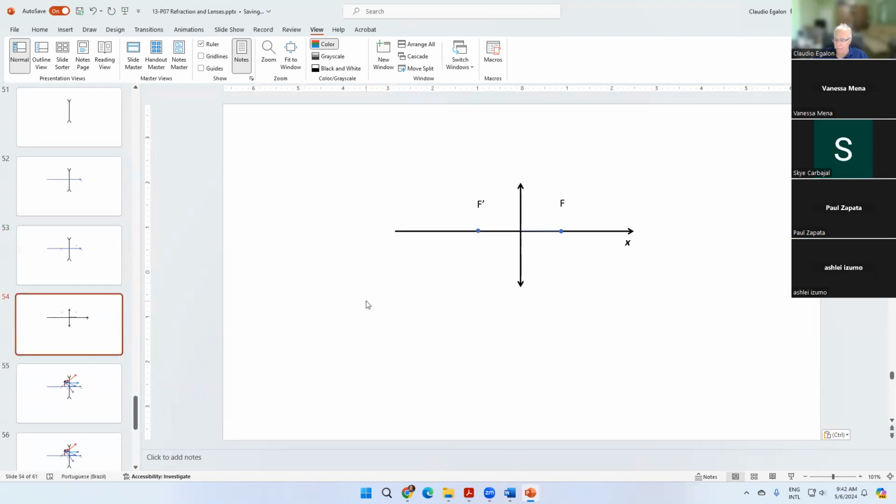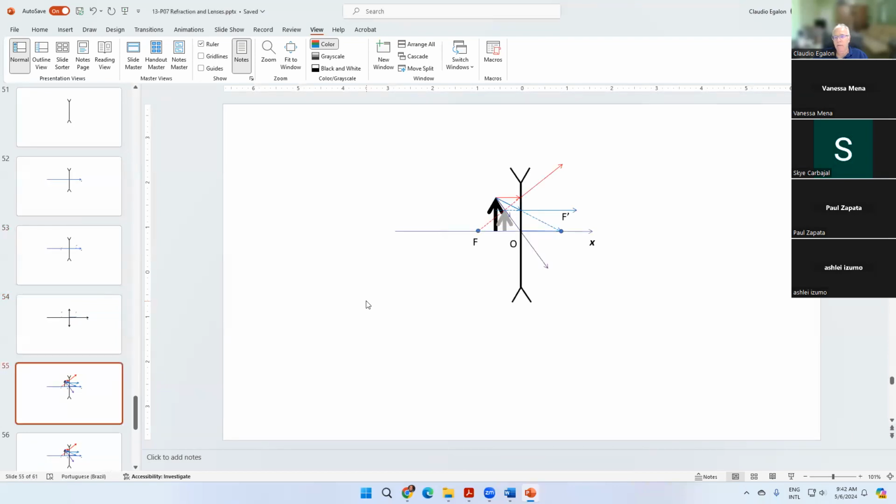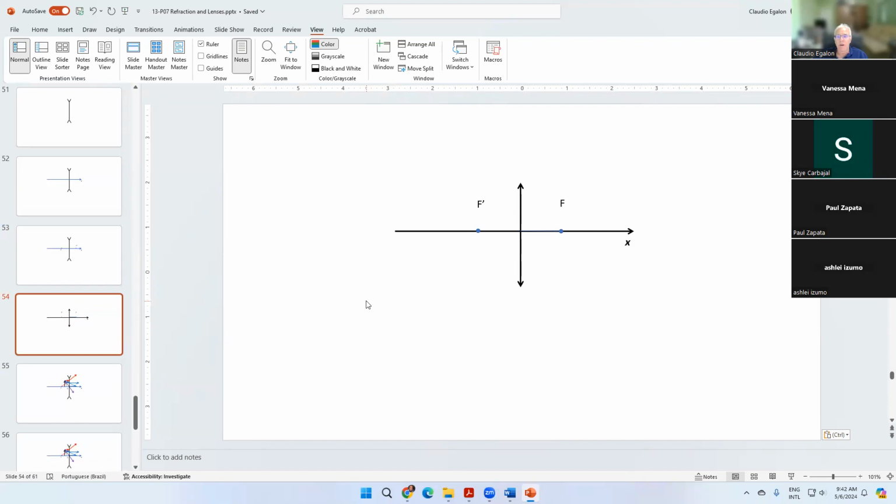I'm going to switch back and forth. Negative, positive, negative, positive. For a positive lens, F prime is on the left. For a negative lens, F prime is on the right. Okay?